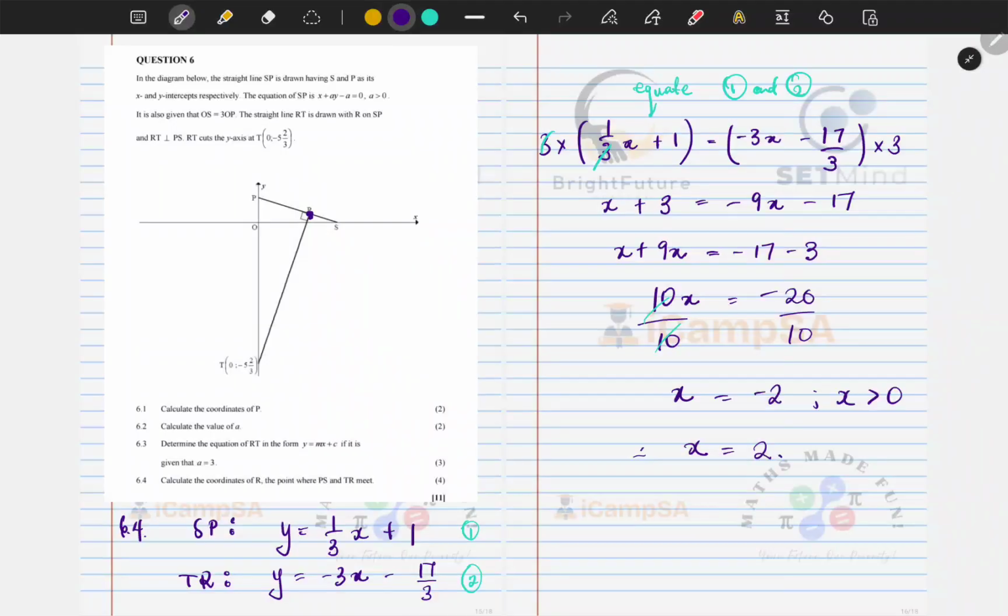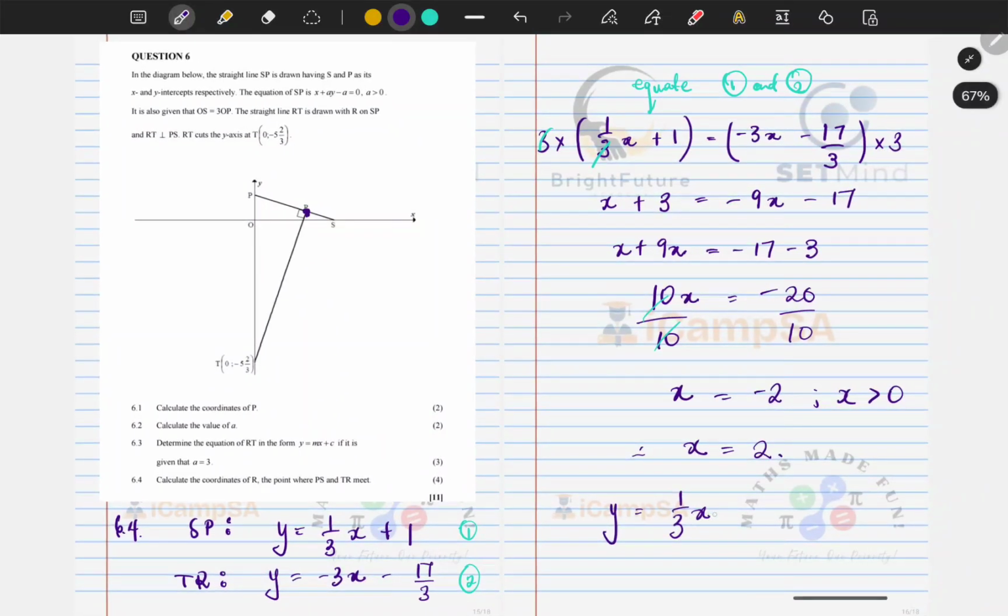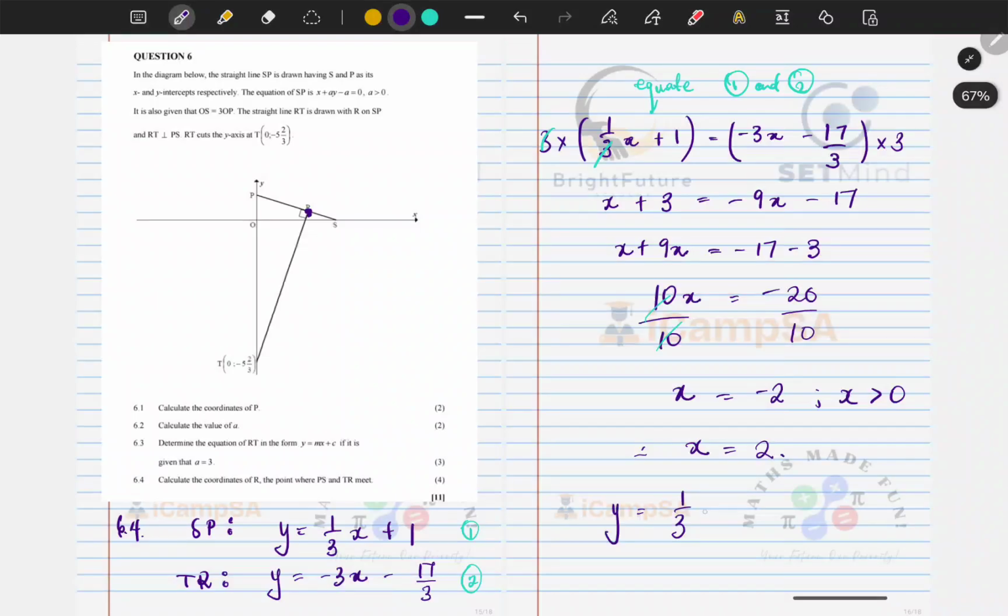And then from here we can just substitute, right? I'm just going to confirm before I move on to another question that we did not make a mistake, right? So now we are just going to substitute in one of the equations. So it's going to be y is equal to 1 over 3x. So this could be tricky.